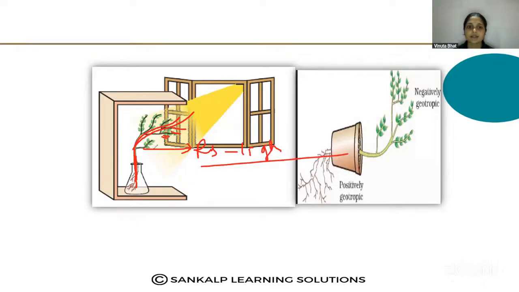The light is the stimulus, and the plant is growing towards the light. This is called positively phototropic, meaning the aerial part of the plant is growing towards the light.